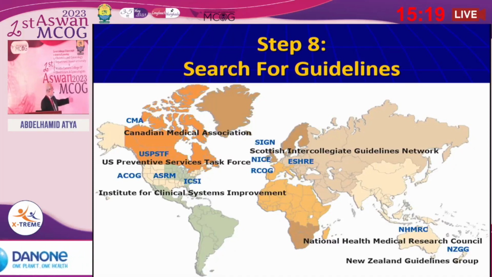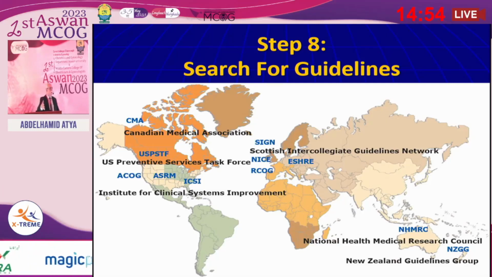There are many bodies that produce very high quality guidelines, like the Canadian Medical Association in Canada, like the United States Preventive Services Task Force, like the American College of Obstetricians and Gynecologists, the American Society for Reproductive Medicine, the Institute for Clinical Systems Improvement. All of these are in the United States.